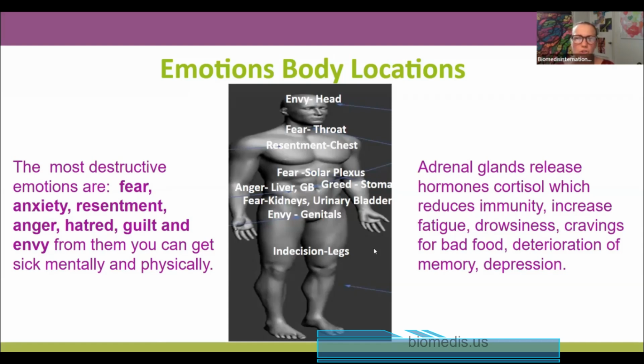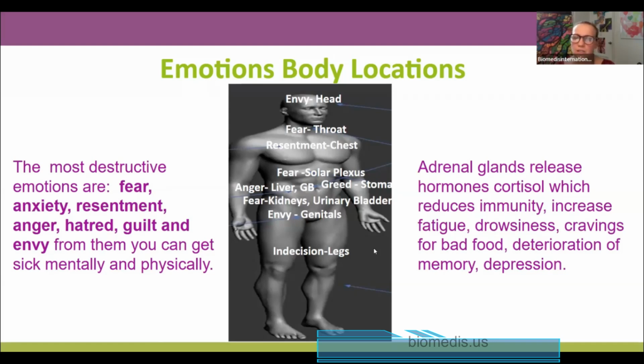And each emotion lives in different parts of the body. Look at envy, it's stuck in the head. Fear in the throat, afraid to say something. Resentment in the chest, like a heavy feeling. Fear also could be in the solar plexus. Anger affects the liver and gallbladder.